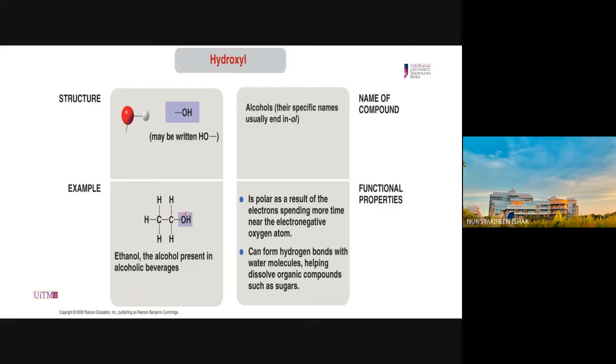The property of the hydroxyl group is that it is polar. It causes the molecule having the hydroxyl group to be polar. It is polar as a result of electrons spending more time near the electronegative oxygen atom.